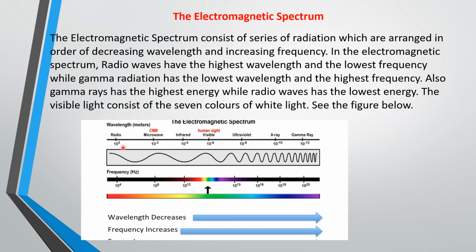And along the radio wave you have other frequencies, such as ultra high frequency and others that are used for broadcasting and also for communication in radio houses. So that is just the electromagnetic spectrum.